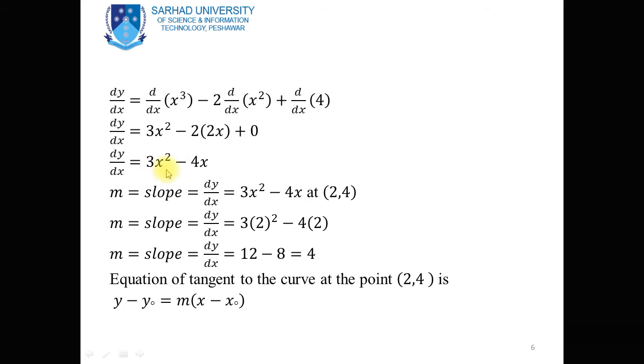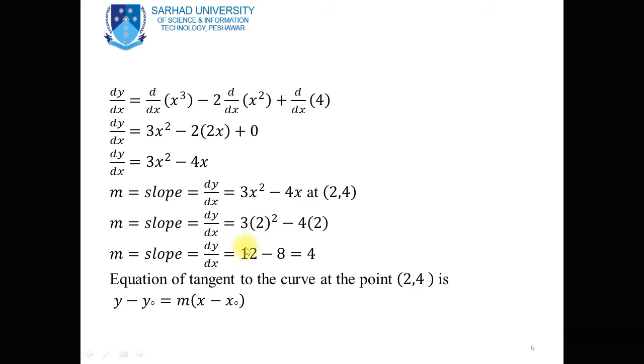Now dy by dx is equal to 3x square minus 4x plus 4. This is actually the slope of the tangent line to the given curve. Now putting this point x equal to 2 and y equal to 4 in this slope, the derivative at this point is equal to 3 into 2 whole square minus 4 into 2.